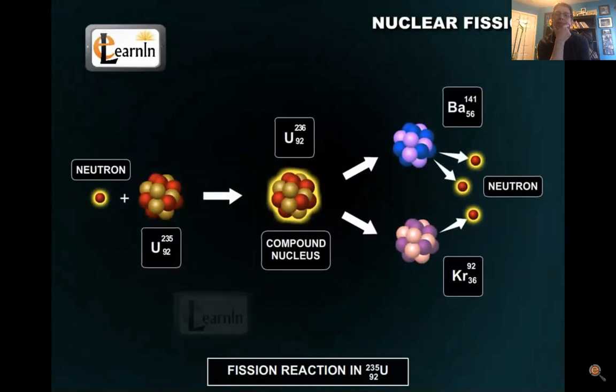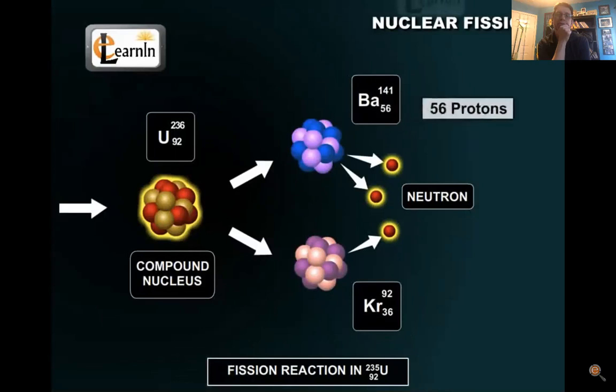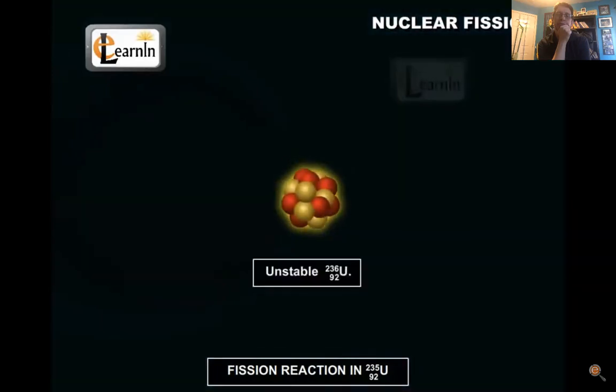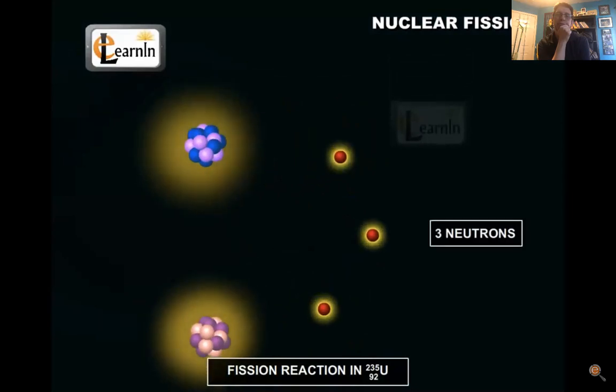During the process of fission, uranium-236 splits into 2 product nuclei, which are barium-141 and krypton-92. You should notice that a barium atom has 56 protons and a krypton atom has 36 protons, which add up to the uranium atom's 92 protons. The unstable uranium-236 nucleus also releases 3 neutrons in the process.